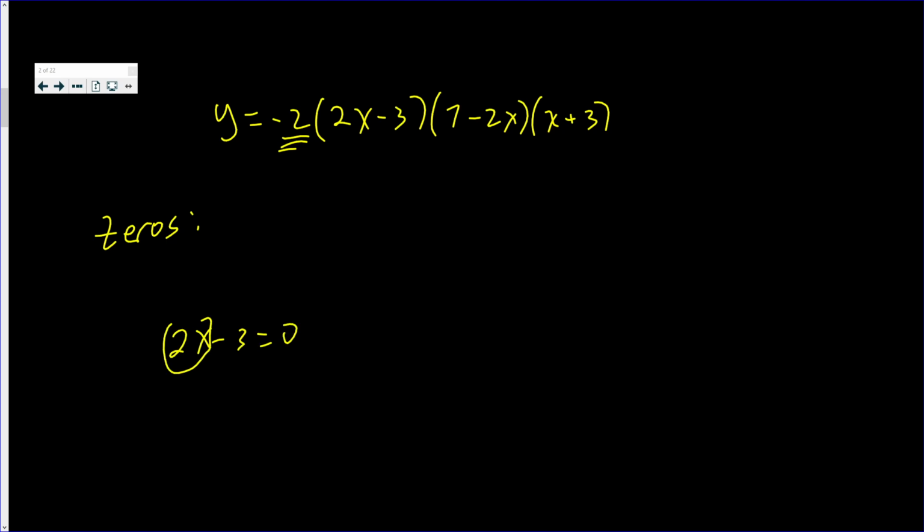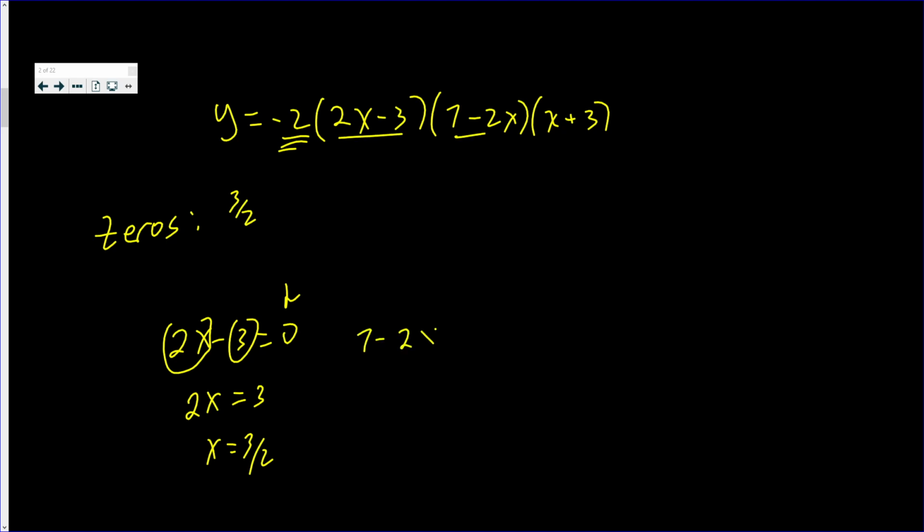Well, like I told you, if you subtract two things and you get 0, equate the two things. 2x must be 3. Otherwise, when you take away 3, you won't get 0. So x is 3/2. That's this one.